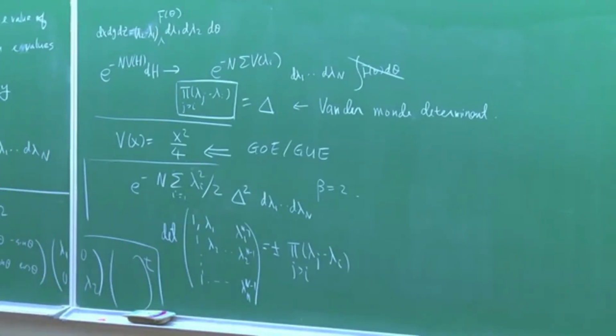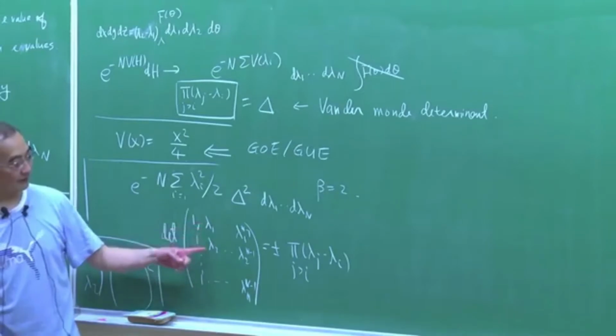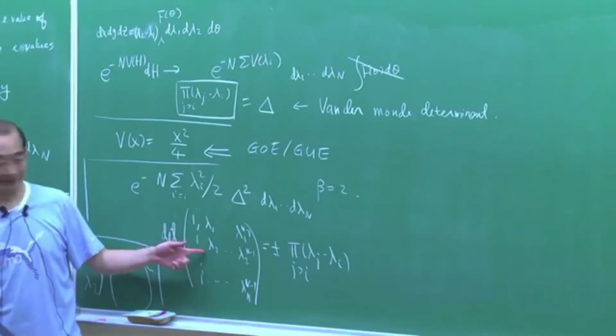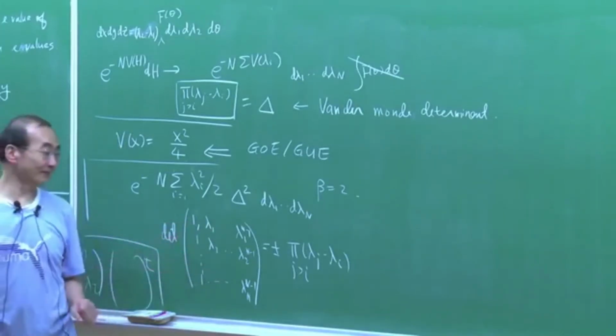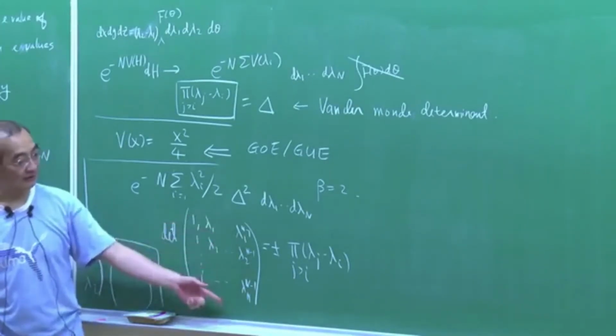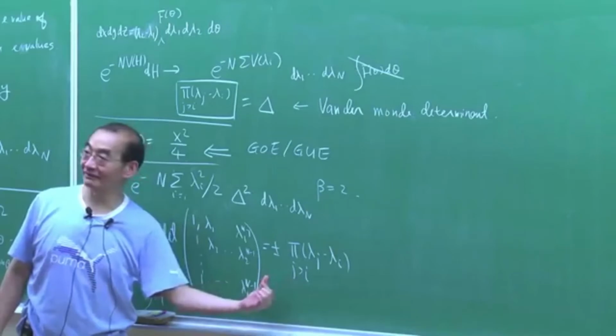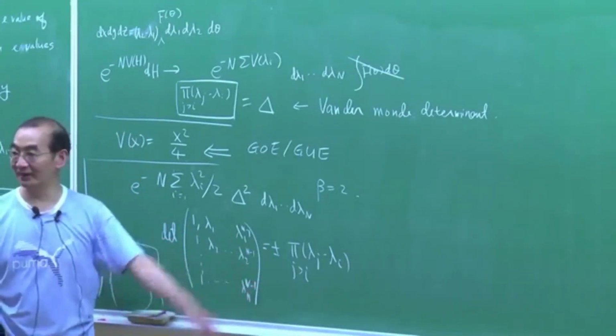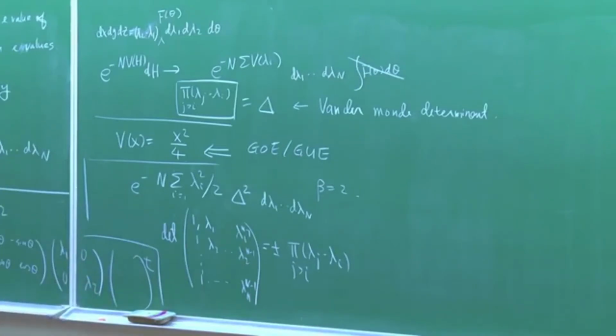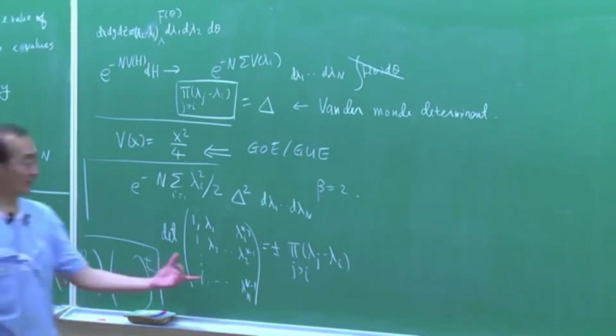This is quite easy because if lambda 1 equals lambda 2, then this determinant is 0. Any lambda i equals lambda j, the determinant is 0. And then you compute that the degree of the left side and right side is the same, so it's the same up to a plus or minus sign. So it's a cute problem.